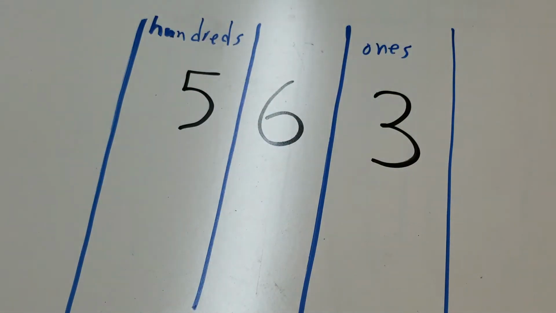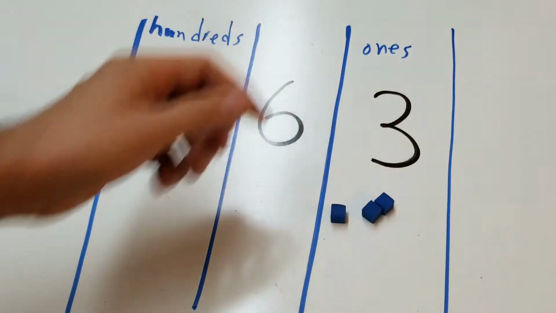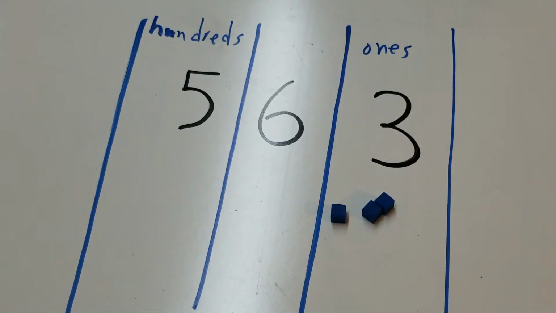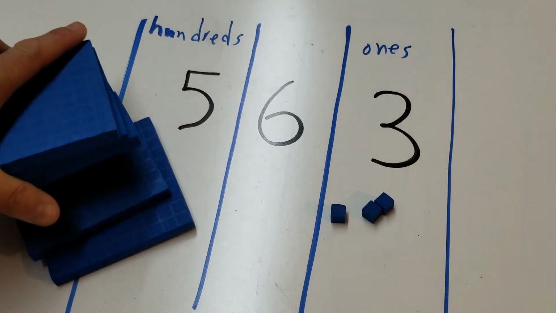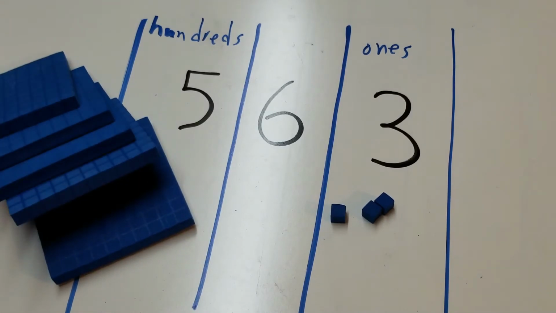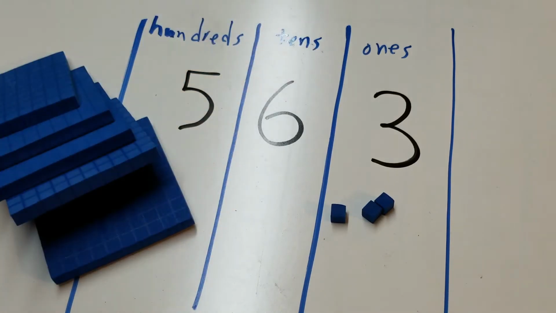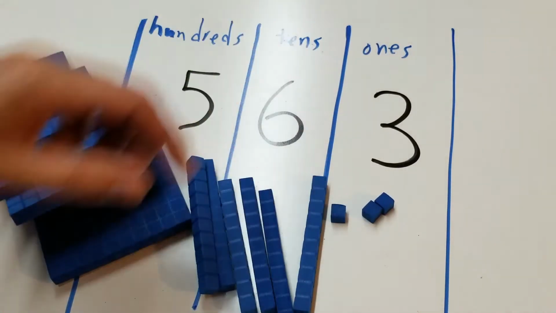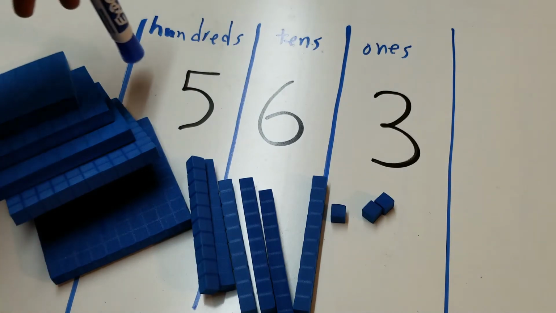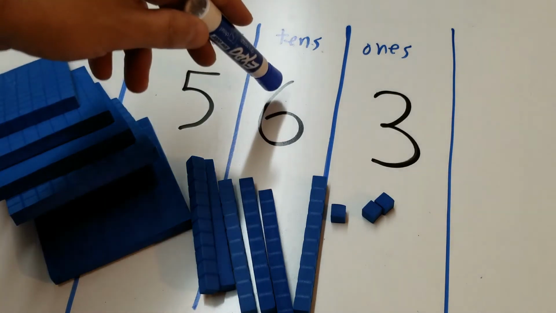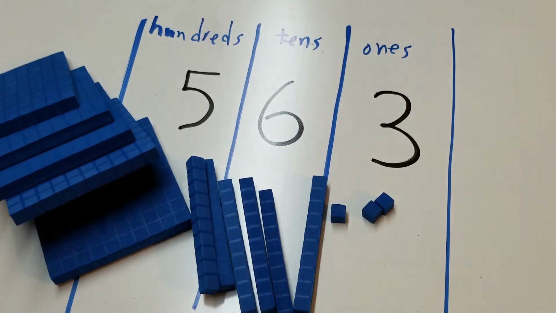It means 3. Just 3. Whereas the 5 means 500. And of course the 6 is in the tens place. And it means 60. So what we really have here is 500 and 60 and 3.